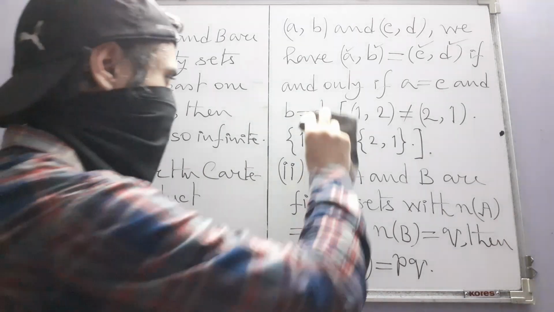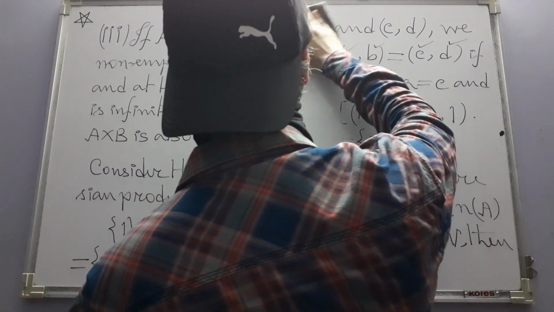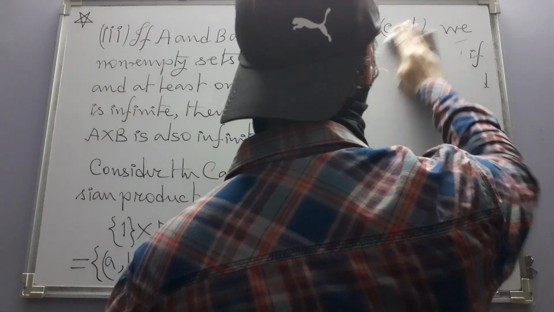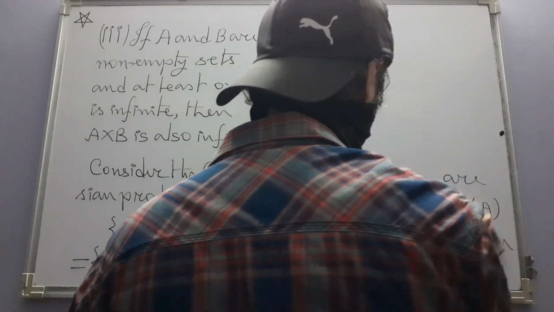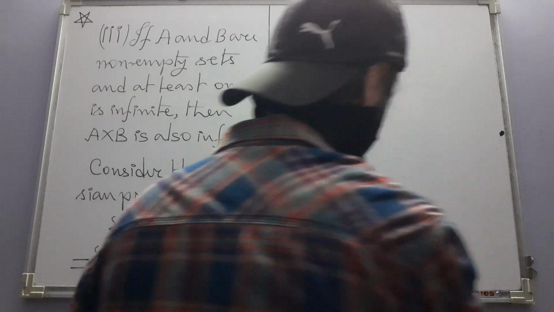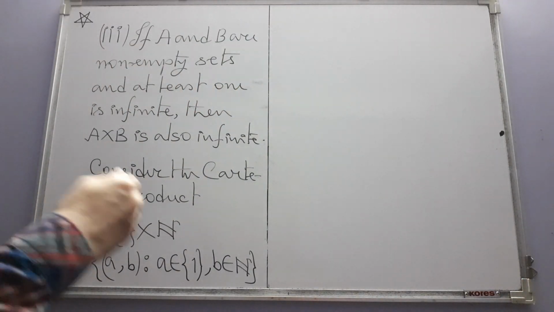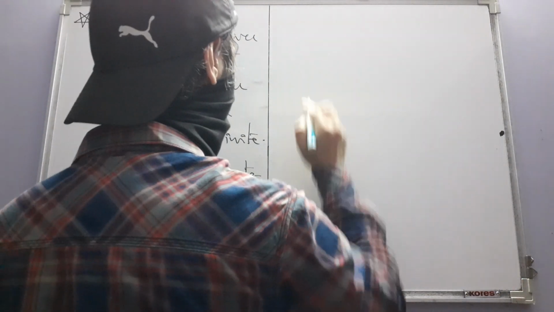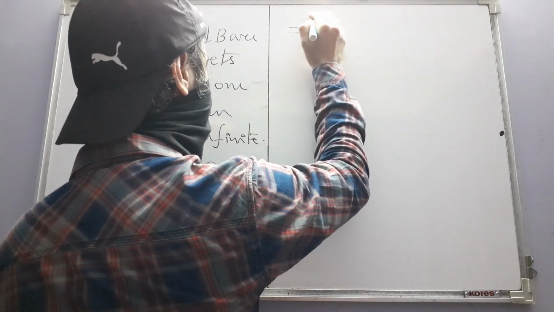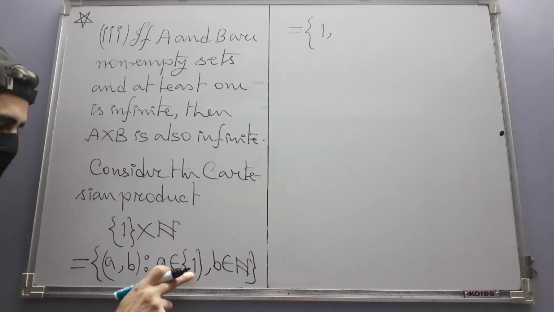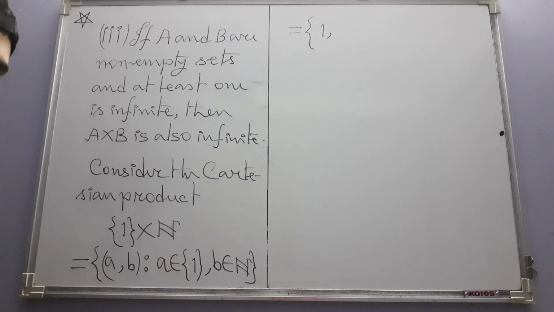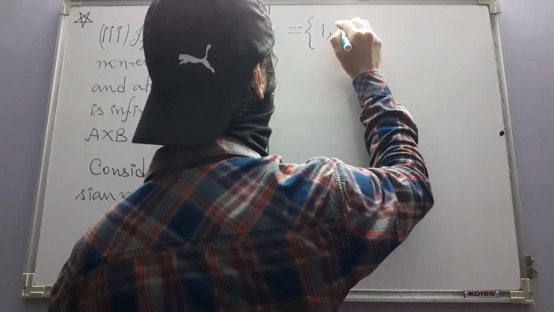So now I can express this set in roster form, like how we express infinite sets using ellipses, the three dots. This set is, see, the first component is fixed, it's 1. It cannot be anything else.